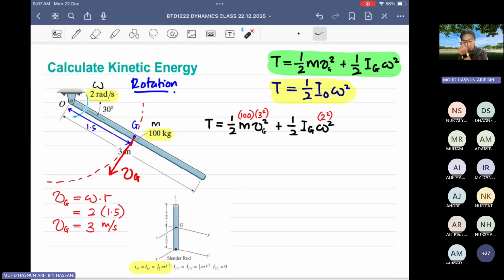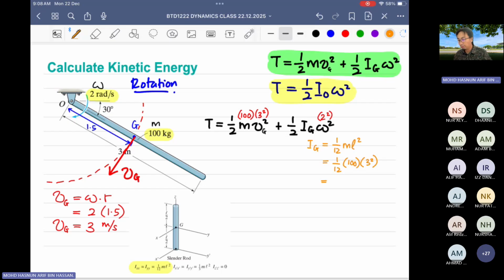Later, I will show you the calculation using point O. So in this case, Ig is equal to 1 over 12 ml square. The m is 100. L now is the whole length of the rod, not the half length, so we have 3 square.